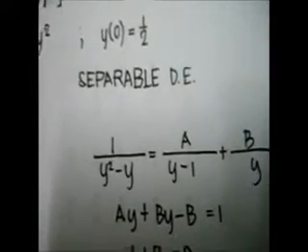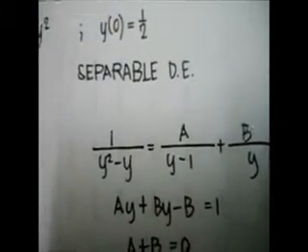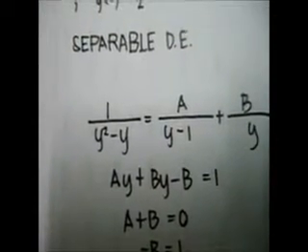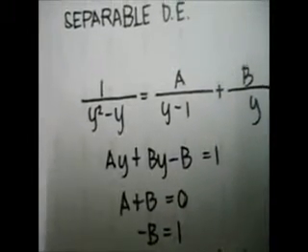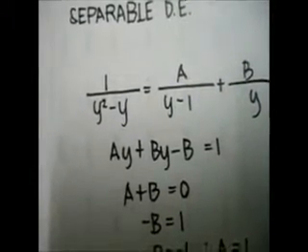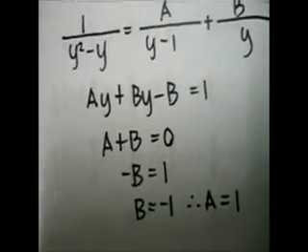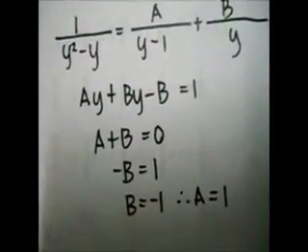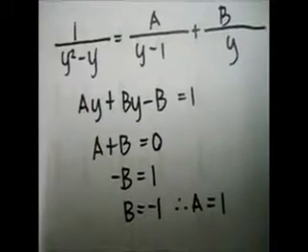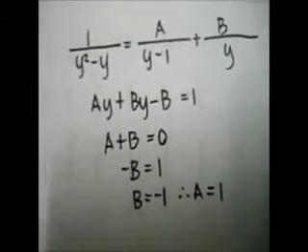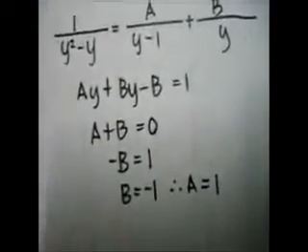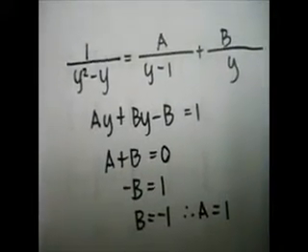So ay plus by minus b is equal to 1. A plus b is equal to 0, and since negative b is equal to 1, b is equal to negative 1, which concludes that a is equal to 1. So changing the variables of a and b, we have this.